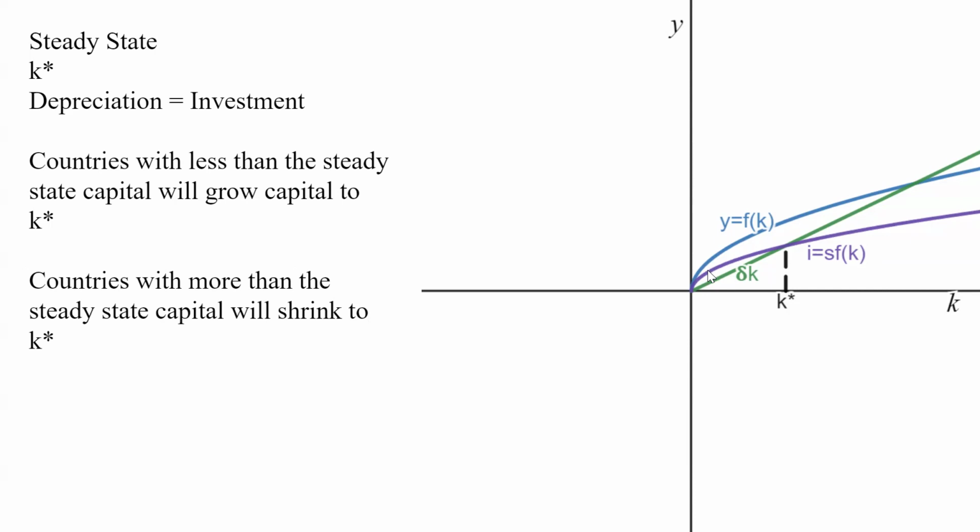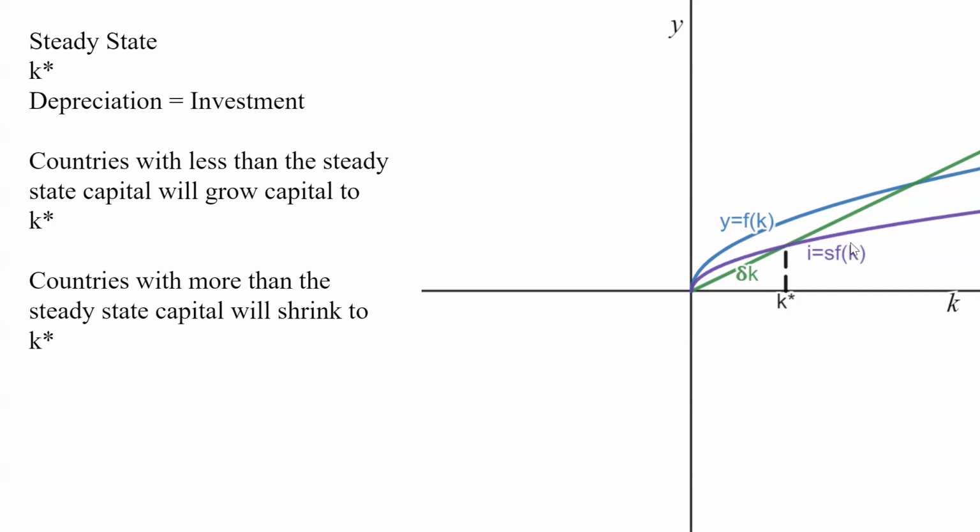That means there's less capital breaking down than there is new capital being invested, so we've still got net positive capital in the economy. As we grow towards K star, the gap between the depreciation line and the investment curve shrinks until it reaches K star, at which the two curves are equal to each other.